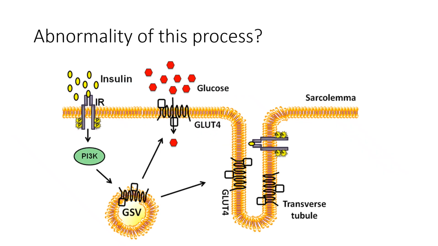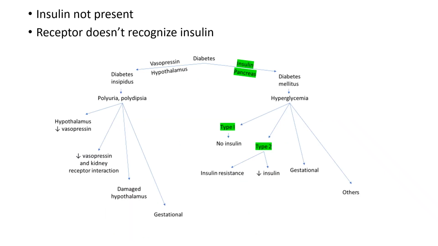Now, what happens in the abnormal state? In the abnormal state, insulin is not present, or the receptor doesn't recognize insulin. This takes us back to that first concept map. Type 1, there's no insulin, whereas type 2, the receptor is messed up.